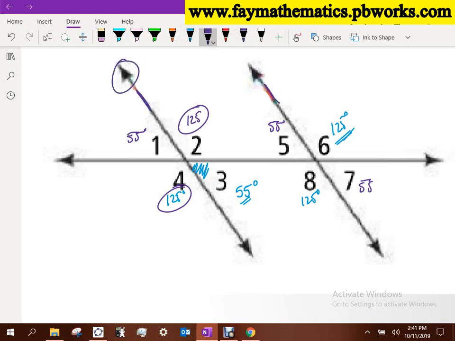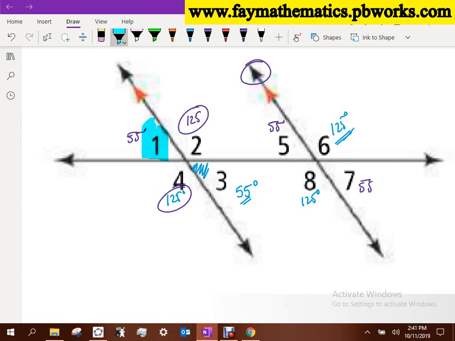Okay, these arrows do not indicate parallelism. Does that make sense? Those arrows just indicate that the line's going on forever. It's the arrows that we put on the interior, right there and right there, that indicate that they are parallel.